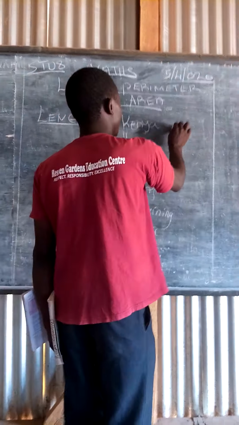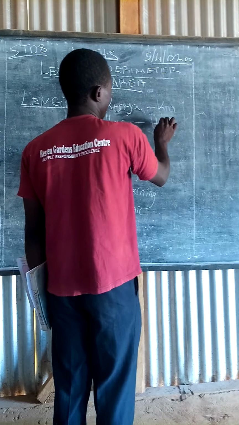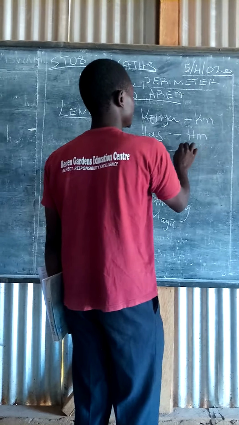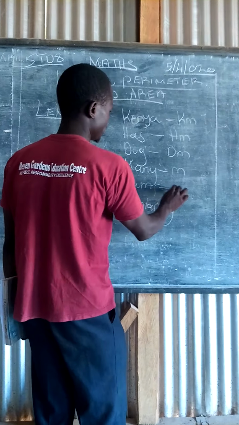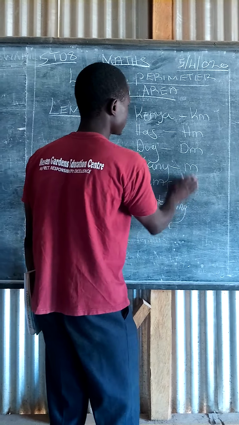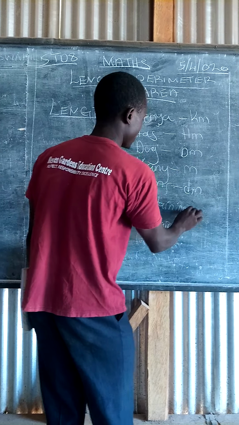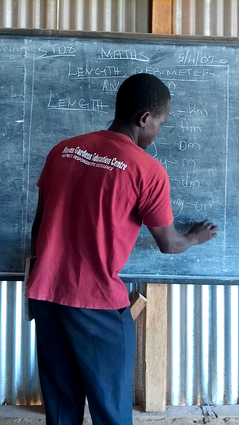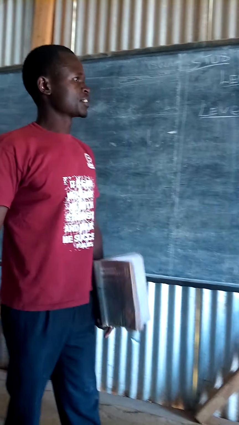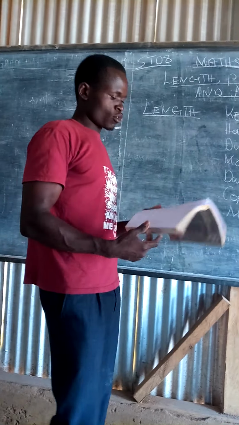Kenya will stand for kilometers, has standing for hectometer, decimeter, then meters, then decameter, centimeter, then millimeter. That one will be our guiding rule when we talk about length.